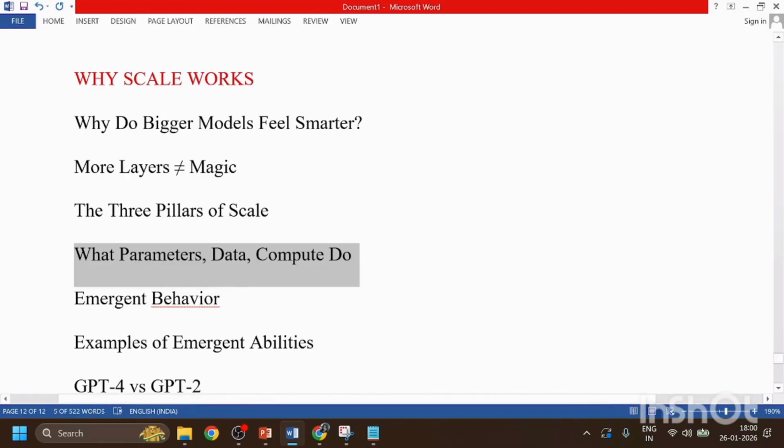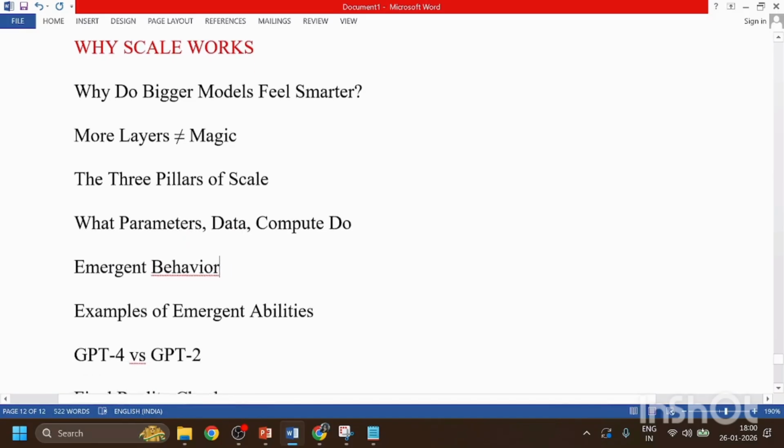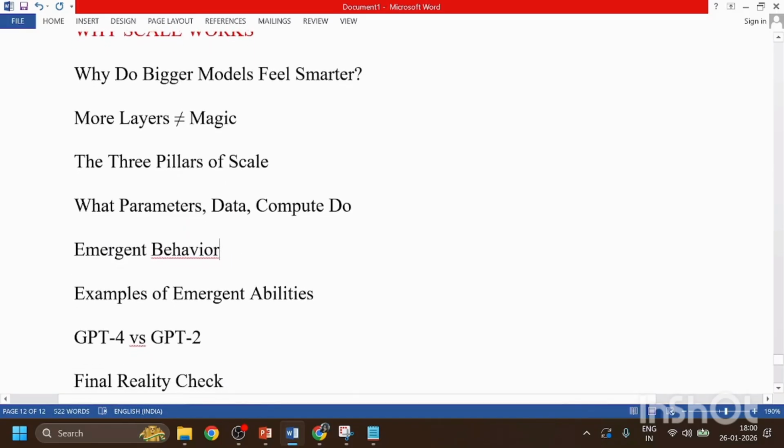And here, emergent behaviors. At small scale, models show basic language ability. At large scale, new abilities suddenly appear. This is called emergent behavior.